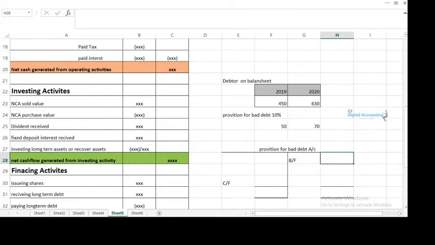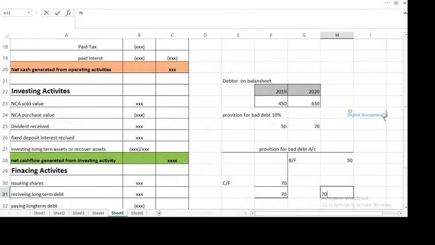So the initial brought forward how much, the 50 value for the year of 2019, right? And 2020 how much, the 70 value for the year of the provision. But here the changes, the differences, how much? 20 higher value in the debit side. So we can get that.